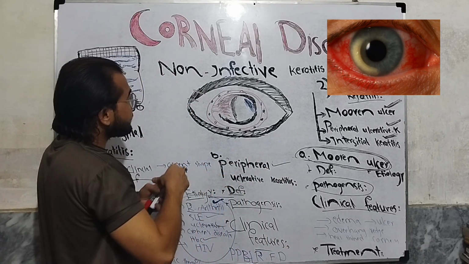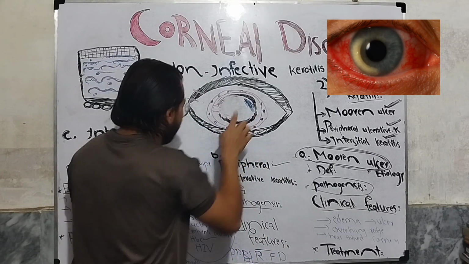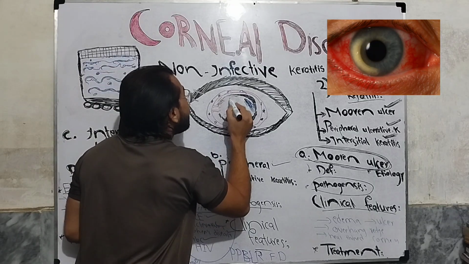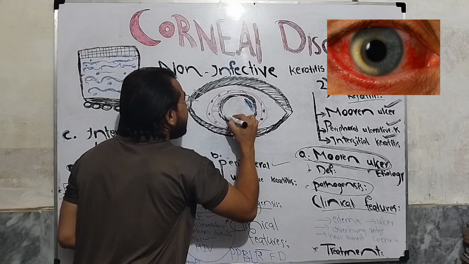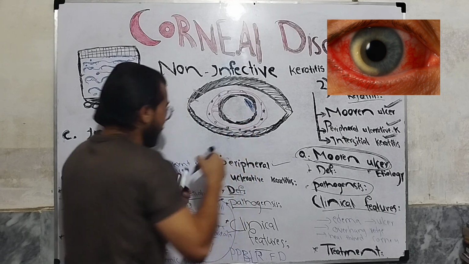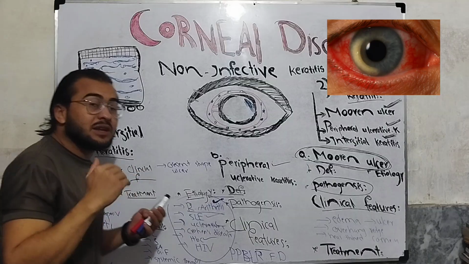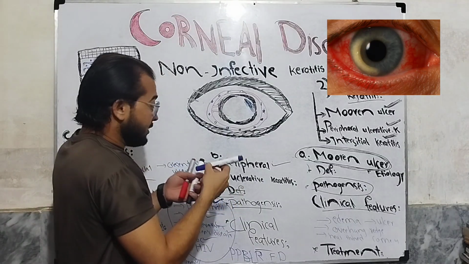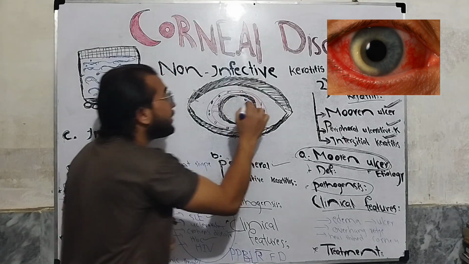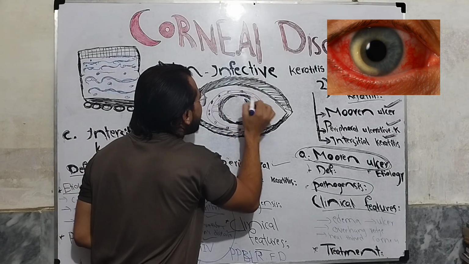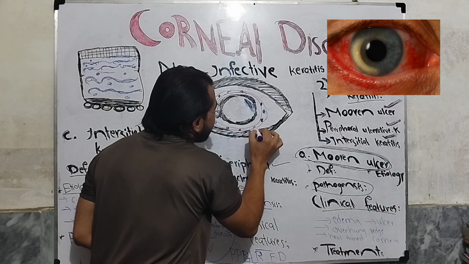What will happen? So there will be keratitis, there will be vasculitis. This is the limbus. Whenever these autoimmune conditions are present, for example rheumatoid arthritis, the immune complexes will deposit in the limbal vasculature, in the circumcorneal region.